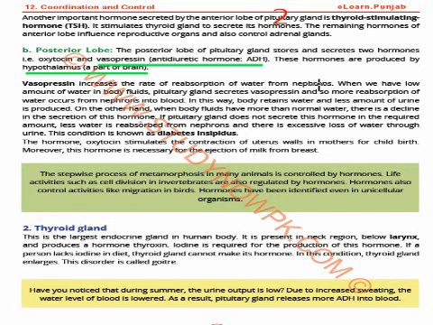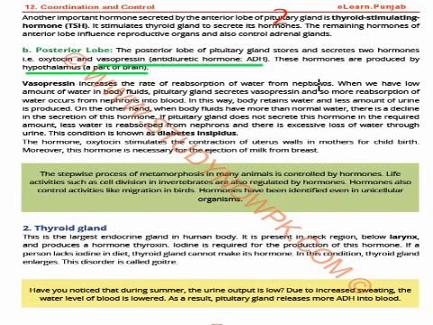More water will be absorbed from the urine with the help of nephrons, because the body needs water. And if we have more water in the body, then less water will be reabsorbed with the help of nephrons. So the same thing has been explained here.